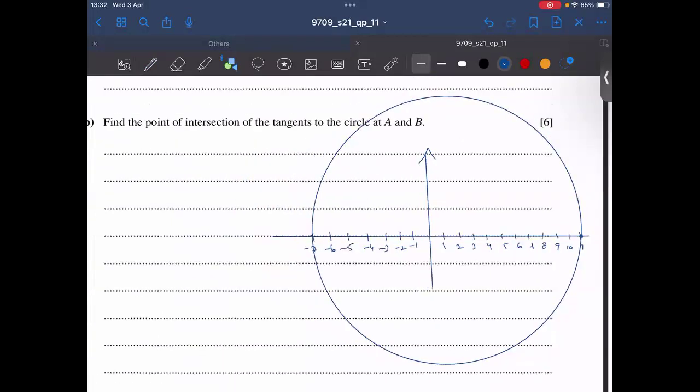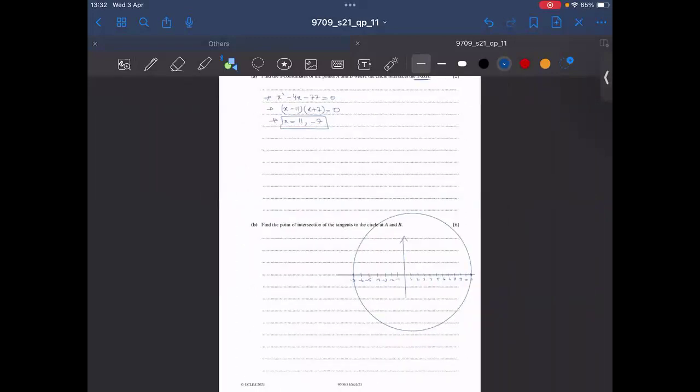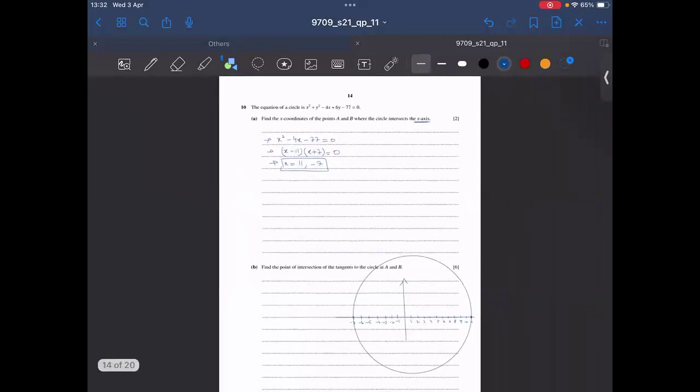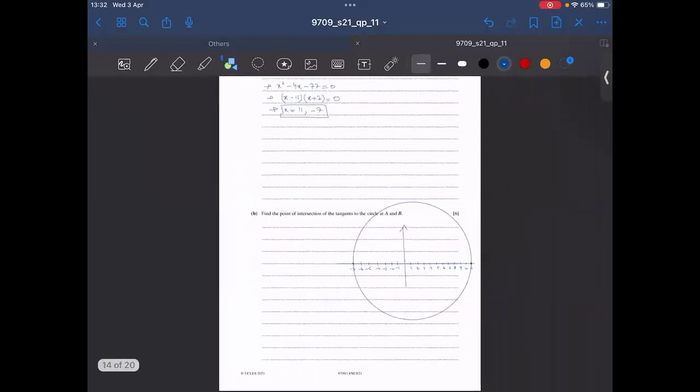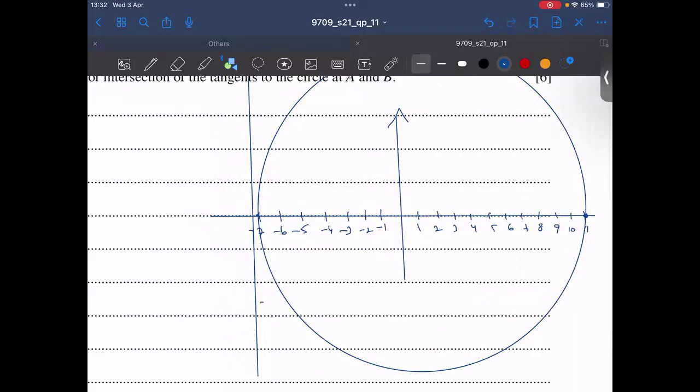Good enough. I've got the circle. All right. And okay, I'm drawing the points. Okay, I've drawn the tangents like this.